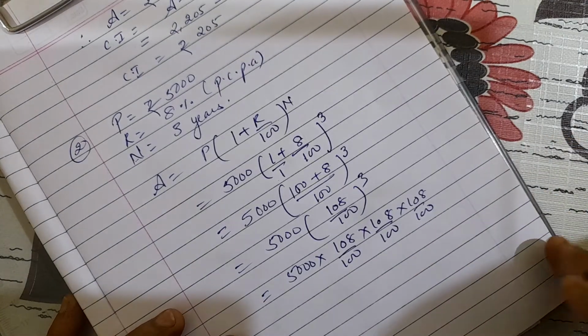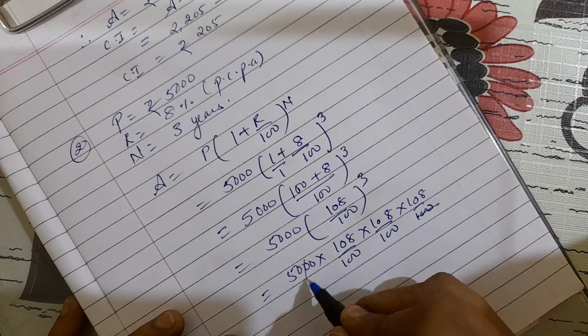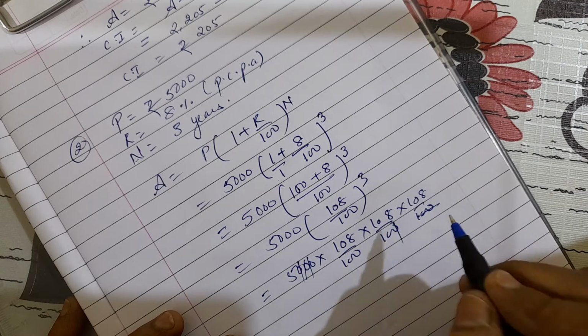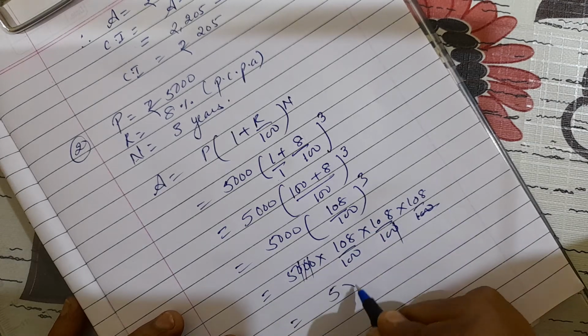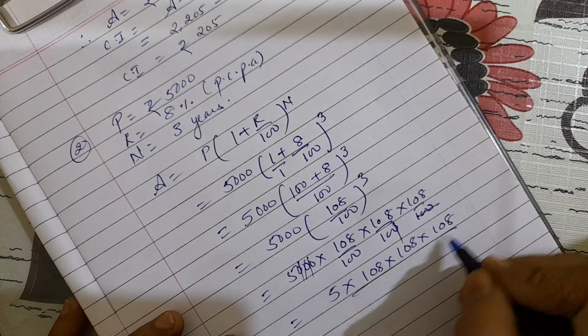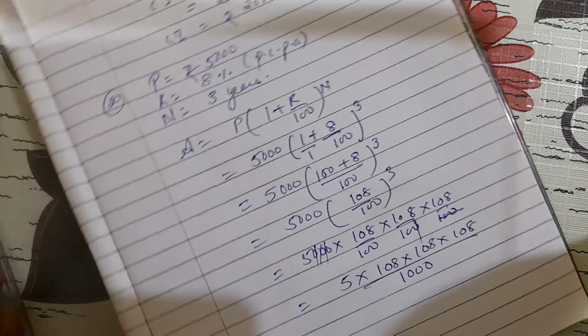Now see children, 1 2 1 2, 0 goes, this 0 goes, this 0 goes, this also goes. Now remaining is 1 2 3 0, so we will just write 5 into 108 into 108 into 108 upon how much? 1000. Then we can put the decimal, that becomes easy for us.